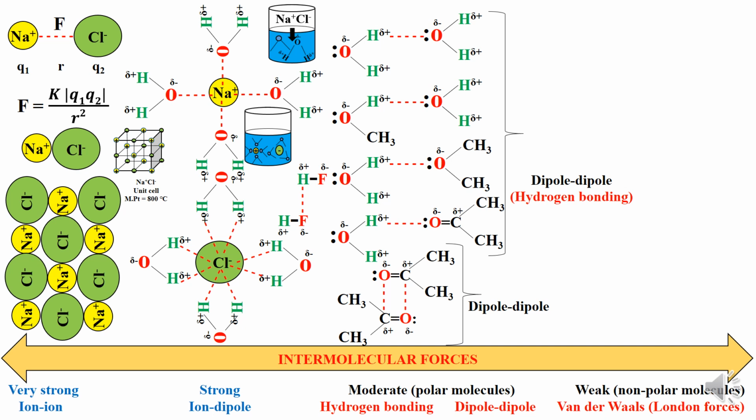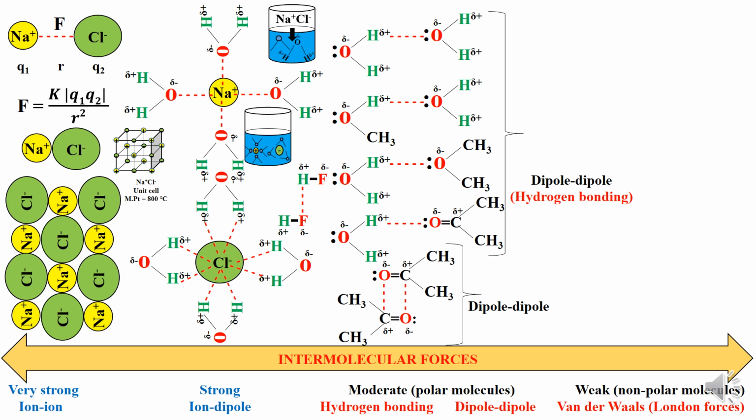What you find here is interaction between two polar acetone molecules, where the positive end of one molecule attracts the negative end of another molecule, which I have already explained. Hydrogen bonding is stronger in comparison to simple dipole-dipole interaction. So dipole-dipole interaction is weaker than hydrogen bonding.